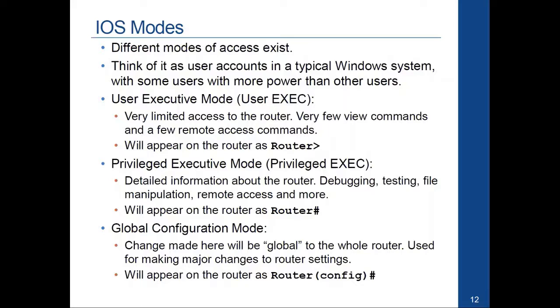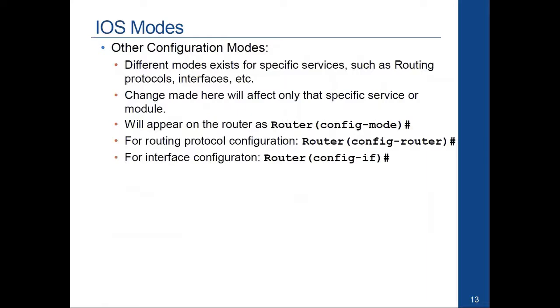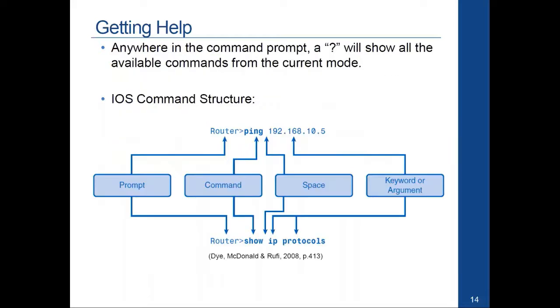So you give a command called configure terminal, and you'll be going into the router configuration mode. There are other configuration modes, but from the global configuration mode, you can go to interface configuration, router configuration, routing configuration, and other types of configuration terminals. But basically, you are already in configuration, so the major name for the mode is configuration mode.